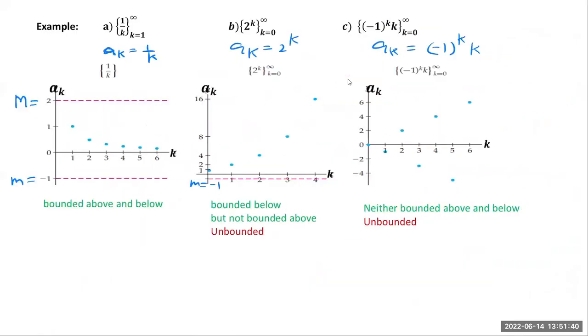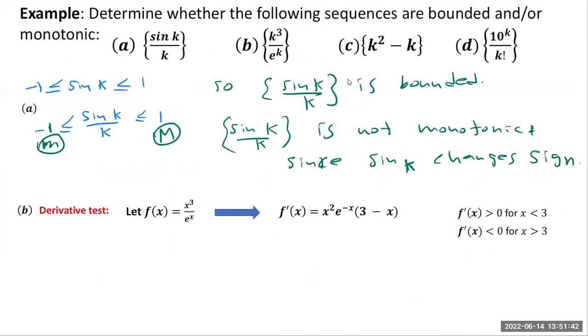To apply the derivative test, I'm going to look at this sequence k to the power 3 divided by e to the power k. I'm going to define the corresponding function. I take f of x to be x to the power 3 divided by e to the power x.